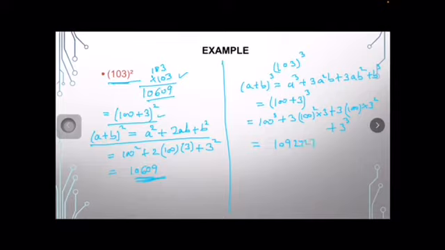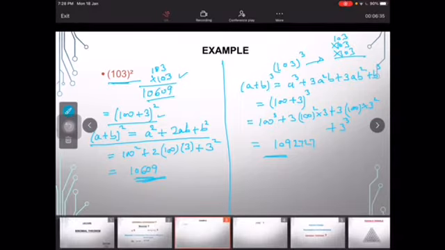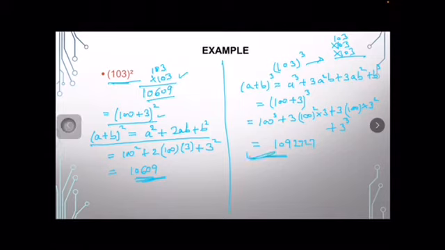So I think this is the simple and easy way. If you do the multiplication, you multiply 103 by 103 three times. I think this formula way is better to calculate the value than simple multiplication, right?